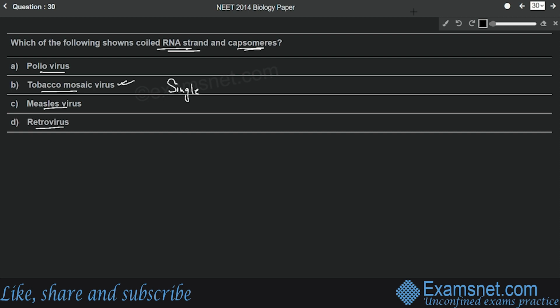Okay, and the virus has a rod shaped appearance.